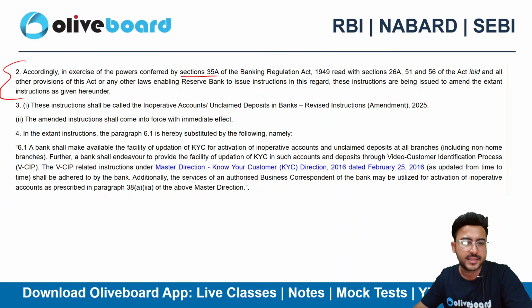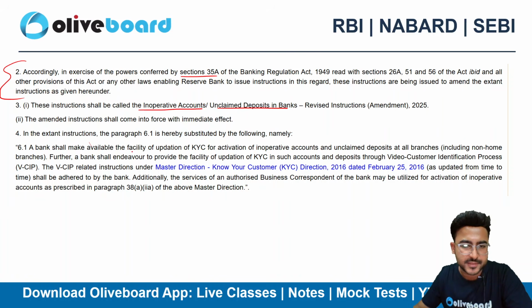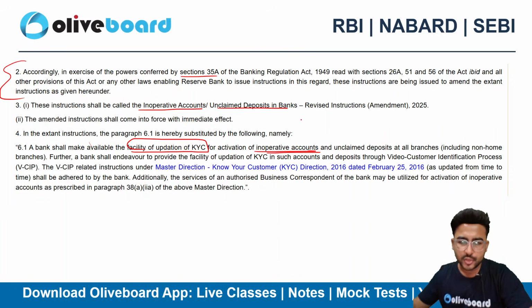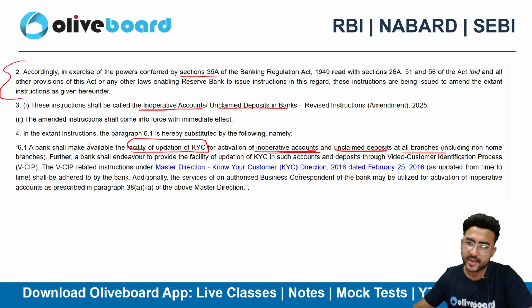They have amended the inoperative accounts and unclaimed deposits in the bank as well. So bank shall make available the facility of updation of KYC for activation of inoperative account. If your account is inoperative or you have any kind of unclaimed deposit at all the branches, the bank will make the facility of updation of KYC for activation available for you, right?